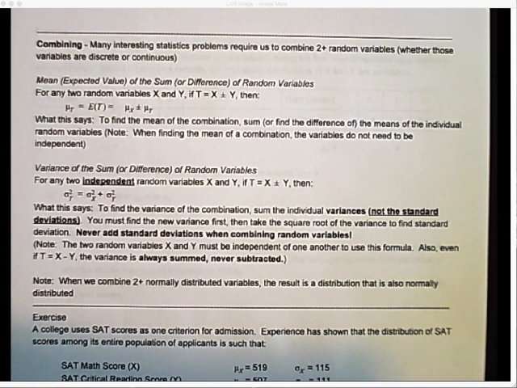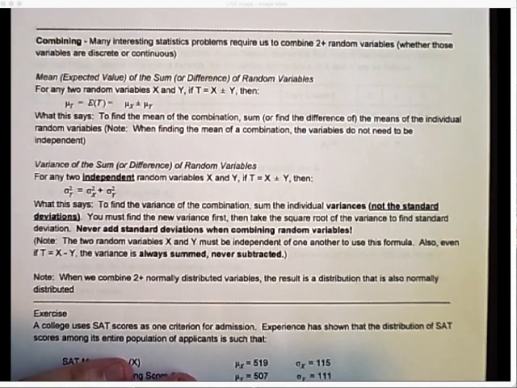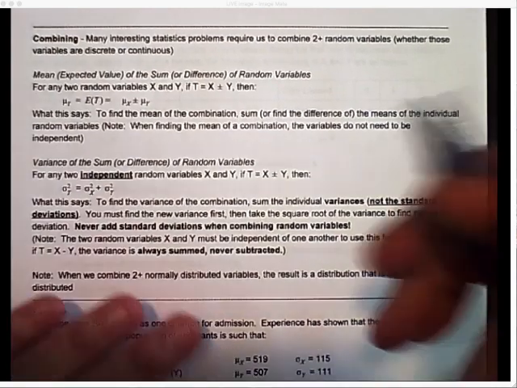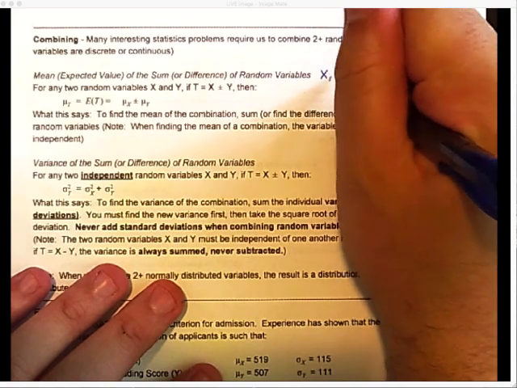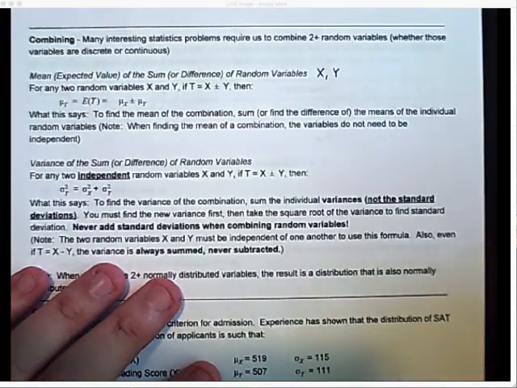Under this it says many interesting statistics problems require us to combine 2 or more random variables. And those variables could be discrete random variables or continuous random variables. So let's say that you have 2 random variables, call them X and Y, and we want to combine those.